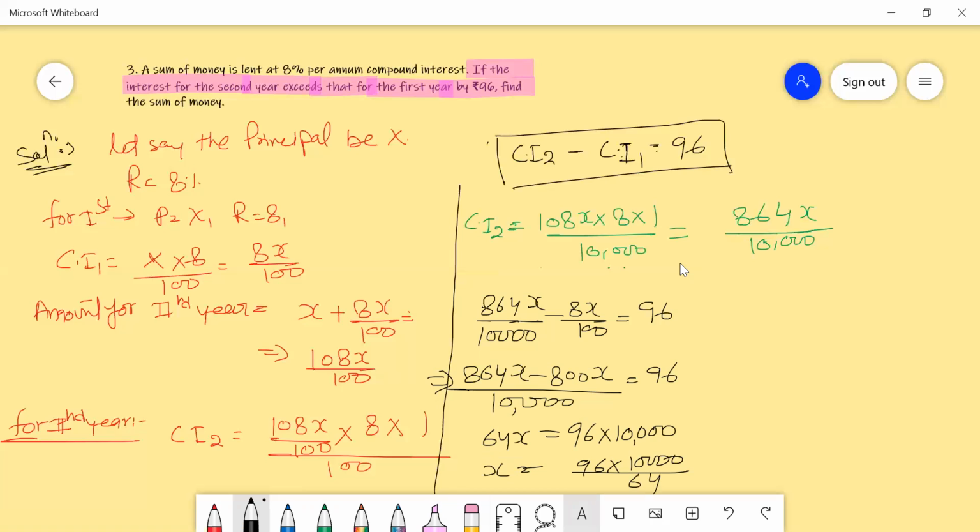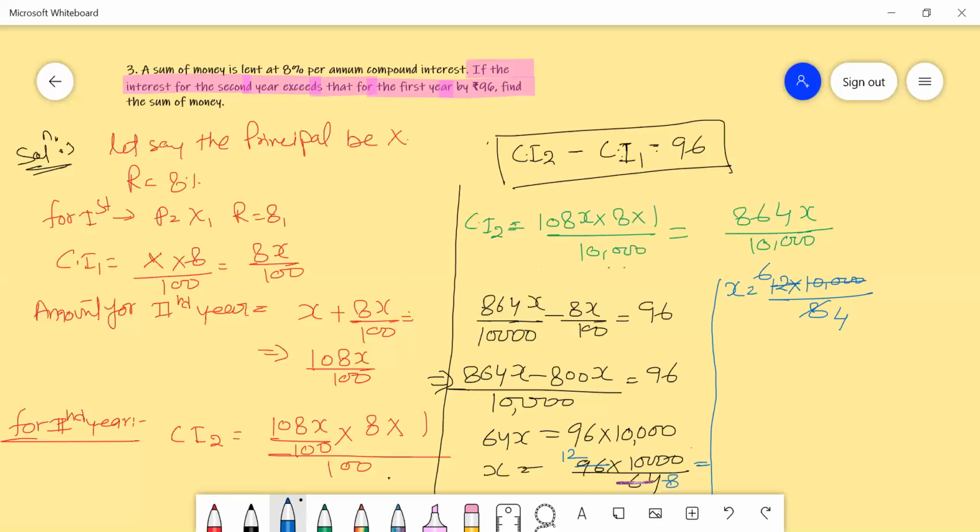When we simplify this, 64 goes 8 times into 64, and 96 goes 12 times into 96 by 8. So x is equal to 12 into 10,000 upon 8. It goes 4 times, 2 fours are 8, and this is 6.